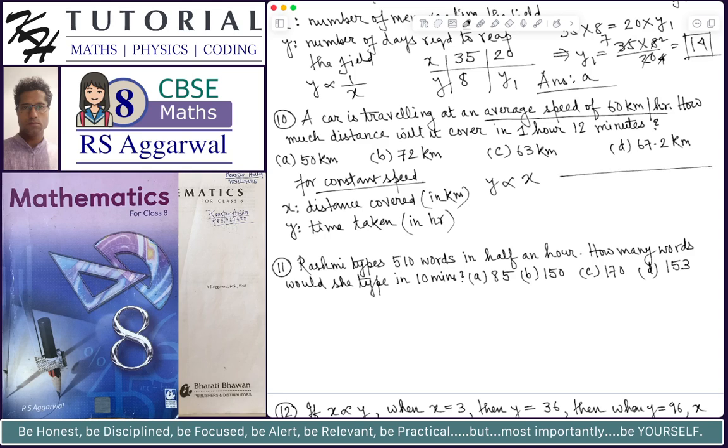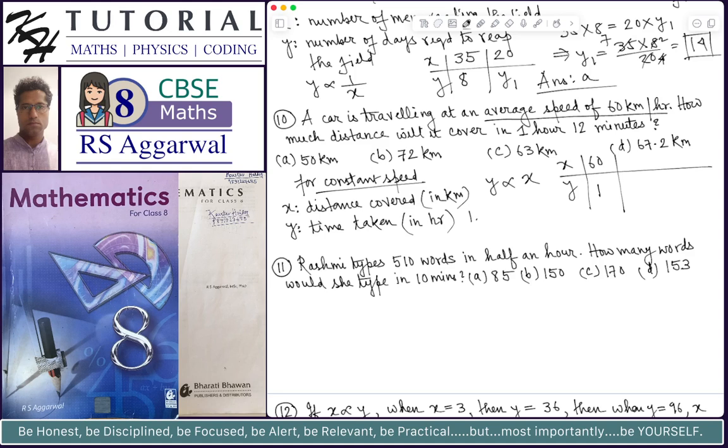Now let's create the table of the quantities x and y. It is given that the car is traveling at an average speed of 60 kilometers per hour. So the speed is constant, but we are getting one data point, that is in 1 hour the car travels 60 kilometers. Now it is asking how much distance it will cover in 1 hour 12 minutes. Now we have to convert 1 hour 12 minutes into hours.